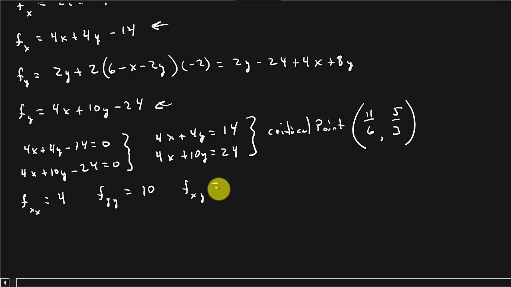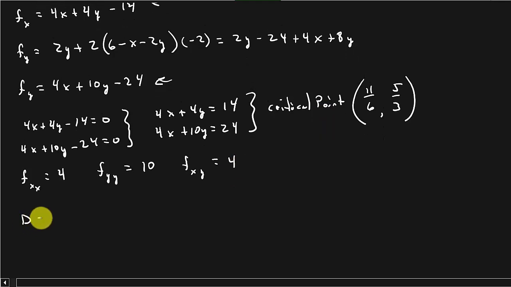And so that's going to be 4. All right. And so now we have D is equal to 4 times 10 minus 4 squared, which is equal to 24, which is positive.